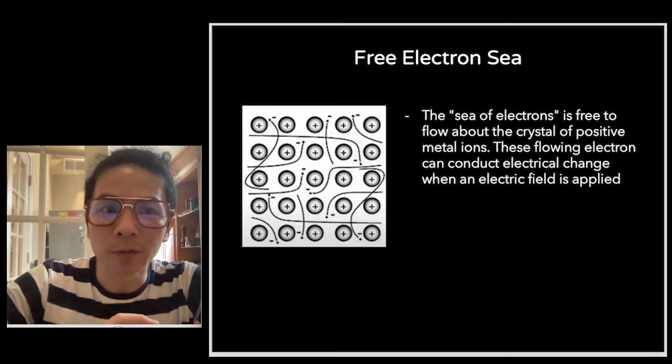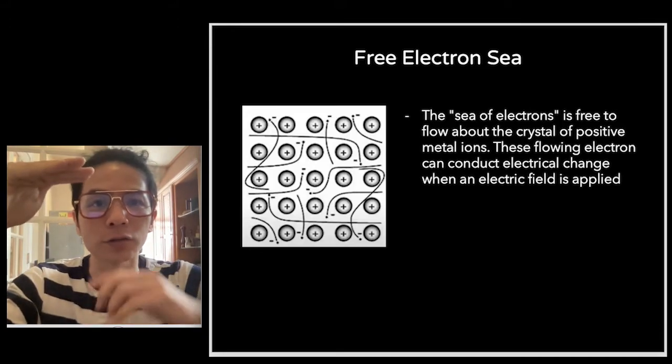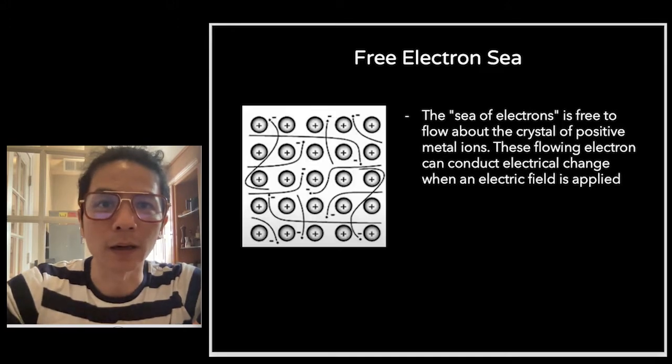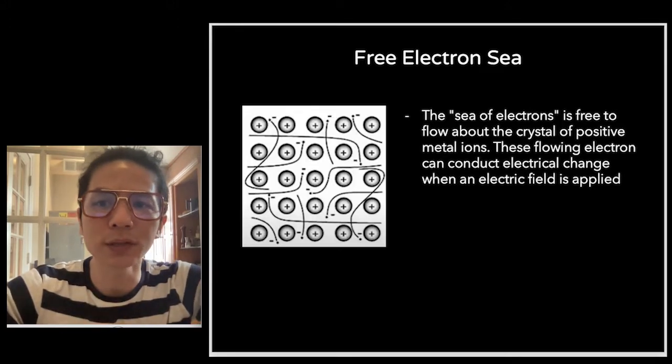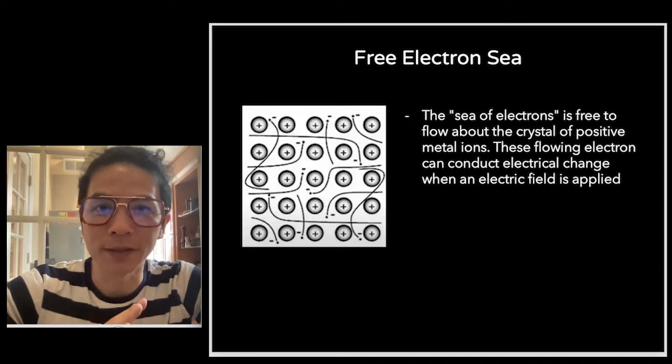Because of the freedom, when you apply an electromagnetic field or electric field, the electron is going to be attracted to the positive side. So this is something you always have to start with when you study plasmonics.